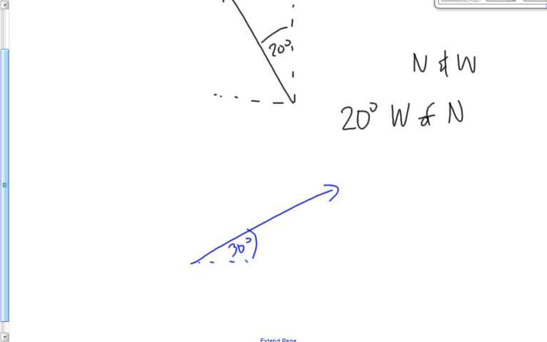Just give me the two directions right now, north and east. So is it 30 degrees north of east, or is it 30 degrees east of north? Well, let's look at where my angle is measured from. I got two axes here, my north axis and my east axis. Which one's it touching, north or east? Right? So it's measured from the east then. So it's north of east as opposed to east of north.